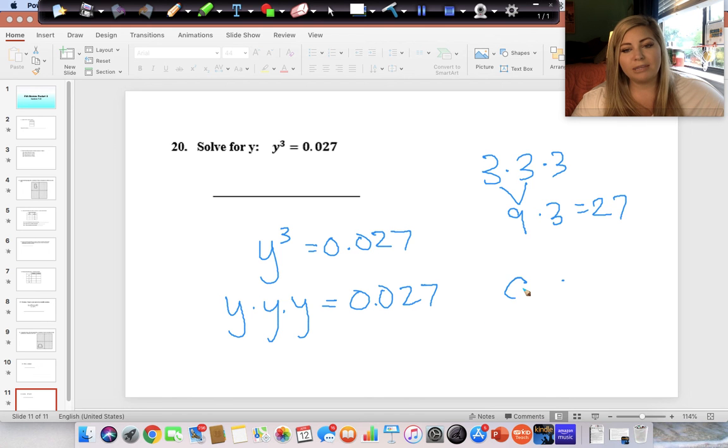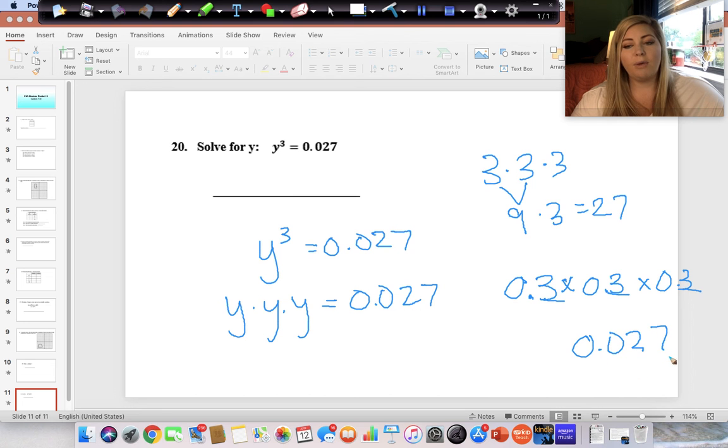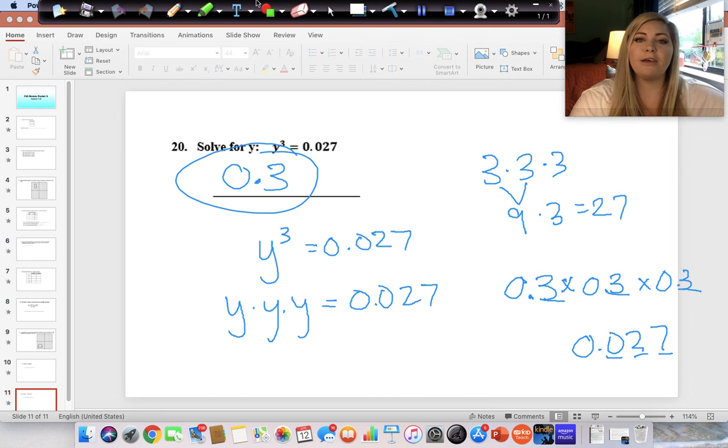So we actually need some decimals here. So 3 tenths times 3 tenths times 3 tenths gives us 27 thousandths, because we have 1, 2, 3 decimal places, and we have 1, 2, 3 decimal places here. So our number is actually going to be 3 tenths.